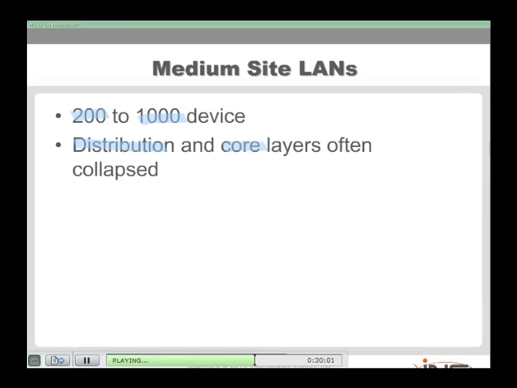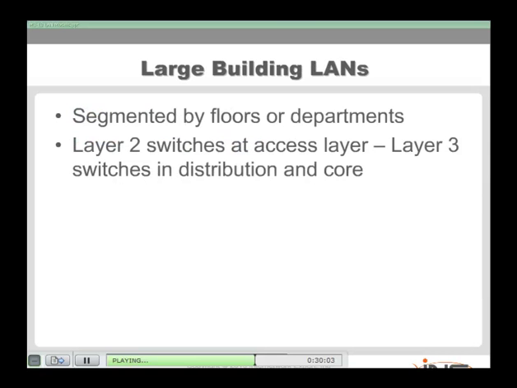Moving up from this medium-sized LAN, we encounter large building local area networks. These are typically segmented into VLANs, and that segmenting occurs by floors and or departments in the organization. Here we typically have simple, low-cost layer 2 switches at the access layer, and then layer 3 switches in the distribution and core. And sometimes in the large building LAN, we have a collapsing, once again, of the core and the distribution.